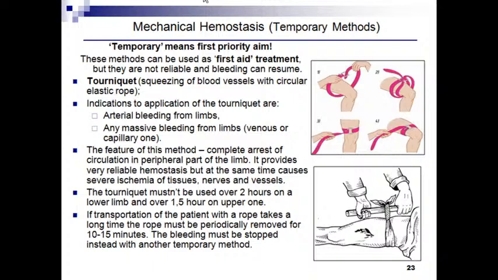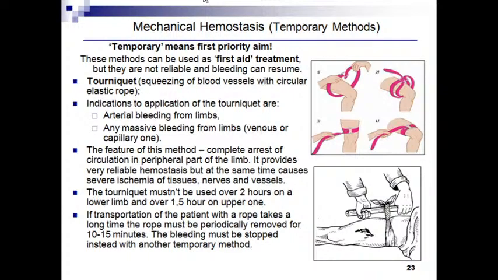The feature of this method is a complete arrest of circulation in the peripheral part of the limb. It provides very reliable hemostasis, but at the same time causes severe ischemia of tissues, nerves and vessels. So the tourniquet mustn't be used over 2 hours on a lower limb and over 1 hour on an upper limb.